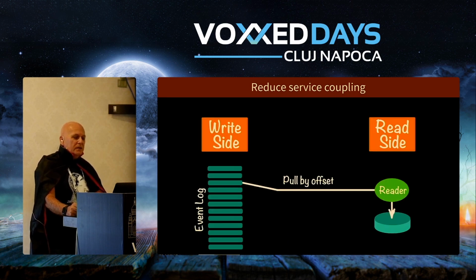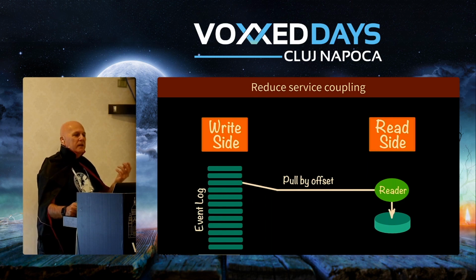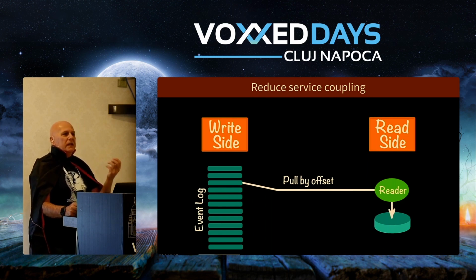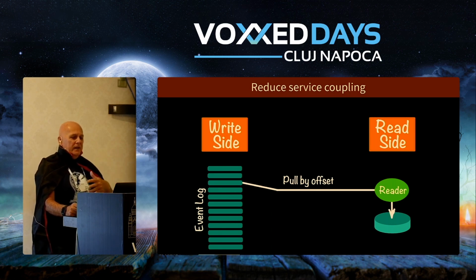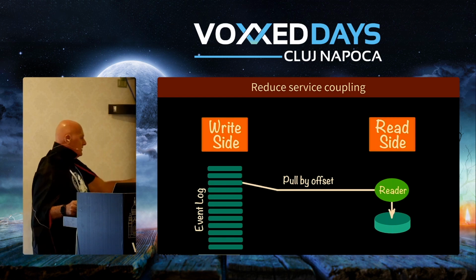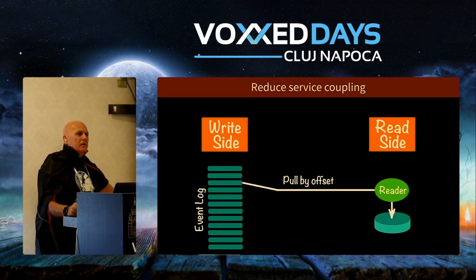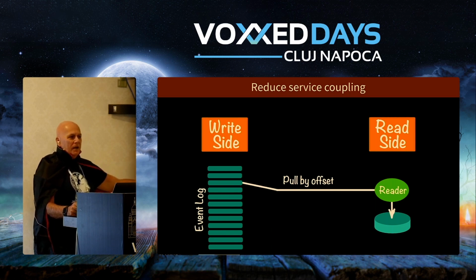So the approach that's commonly used is kind of the Kafka pattern. In Kafka, a consumer is pulling messages from it. And this is the kind of pattern that I'm showing here. There's some kind of thing that's reading, kind of offset driven, that's reading events. So it's trying to keep up.